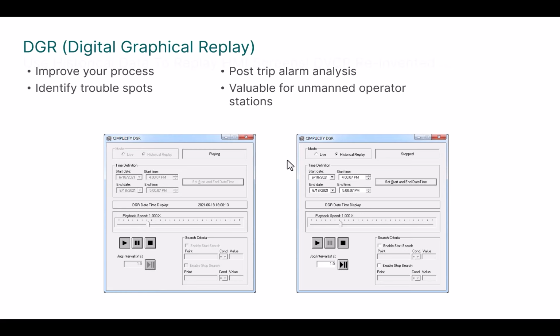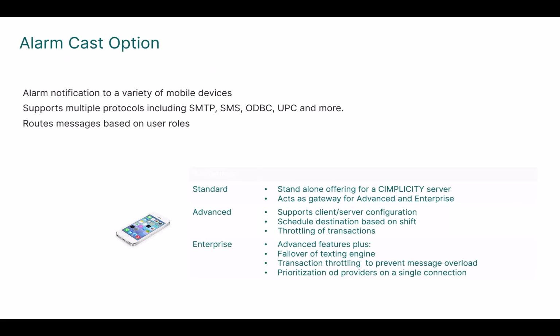You can do this at real time or sped up time, allowing you to go back and re-examine historical situations to try to troubleshoot. Alarmcast is a module that allows you to set up notifications when alarms go off to go out to email or pagers or text messaging, as well as to devices, including watches and phones.